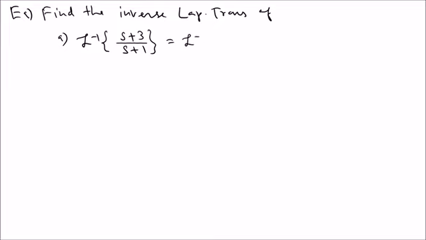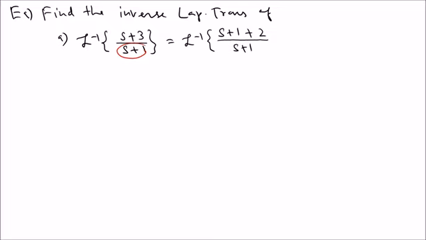That's much faster. We try to create the bottom term in the top. We can write this as (s plus 1) plus 2, over s plus 1.